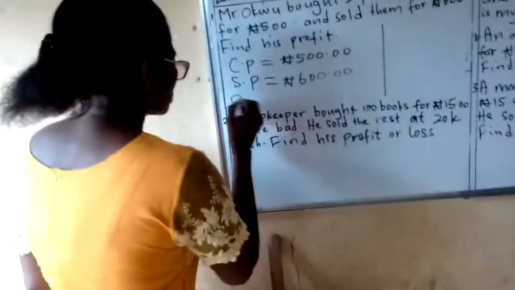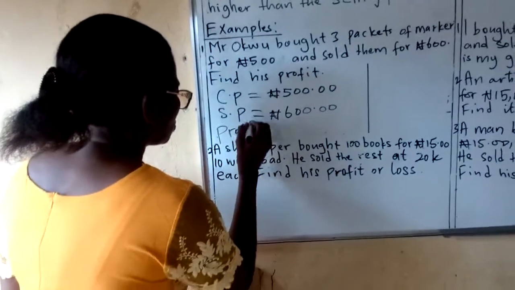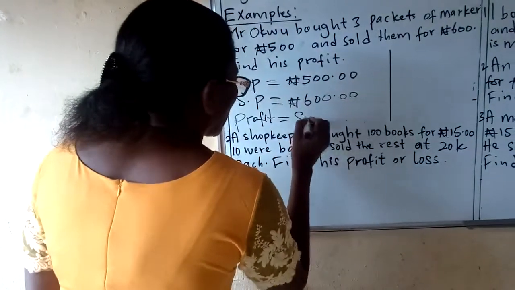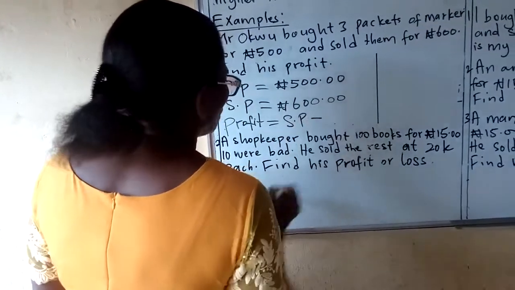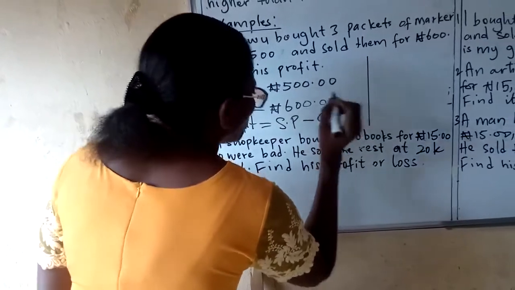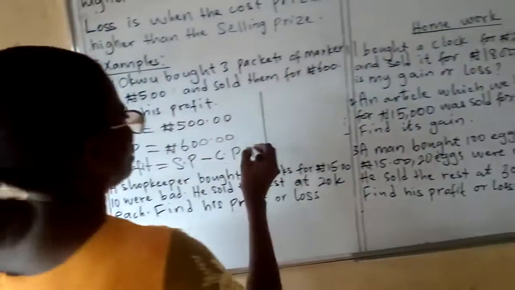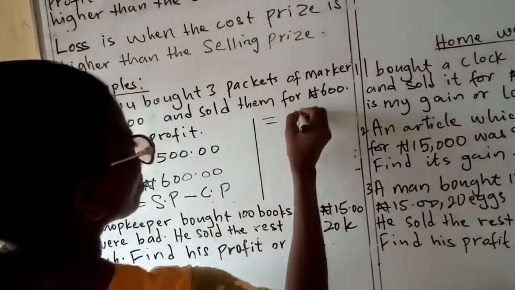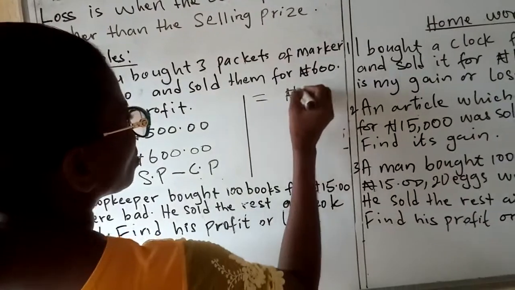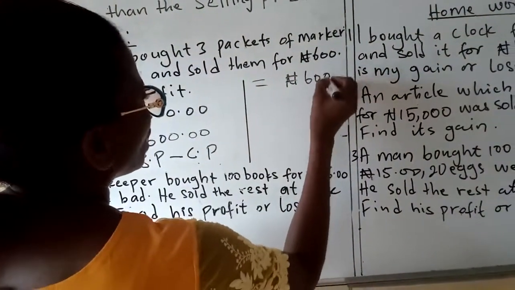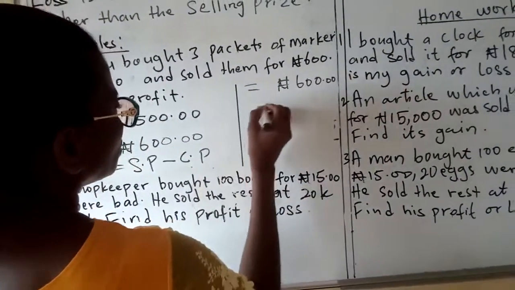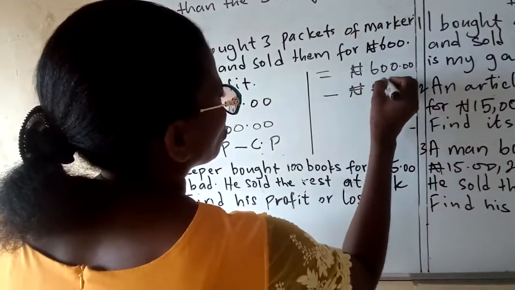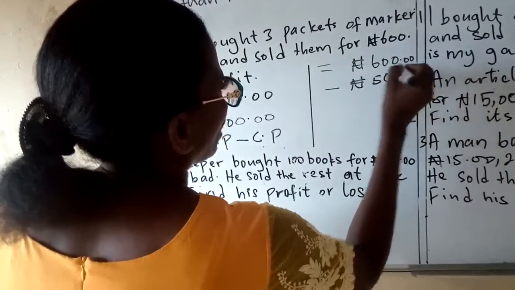Now we are going to find the profit, equal to SP minus CP, which is equal to 600 naira minus 500 naira.